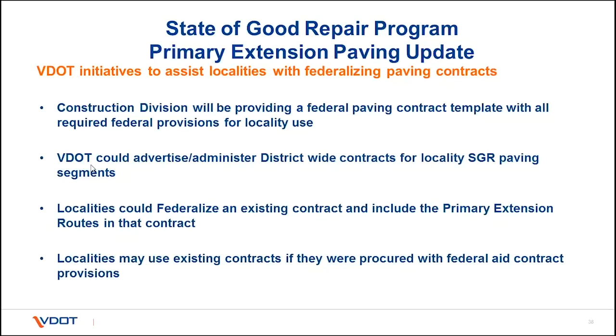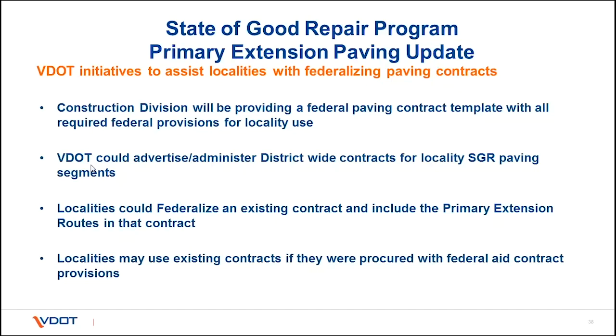One of your existing contracts, if you have, let's say your locality and you have 3 resurfacing contracts, maybe you do one plant mix and one slurry and one latex contract. If you took your paving contract while you were developing it and procured it as a federal contract, then these routes could be added even at a later date to it.